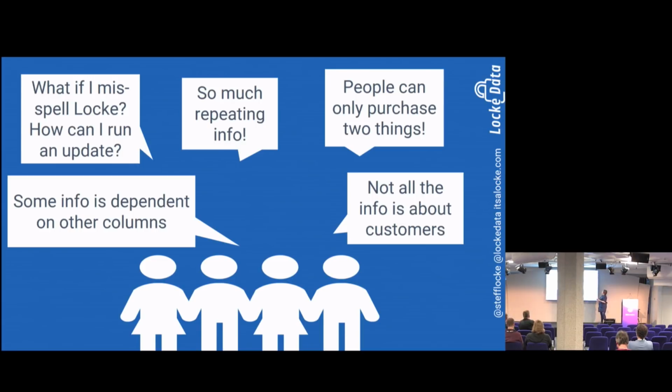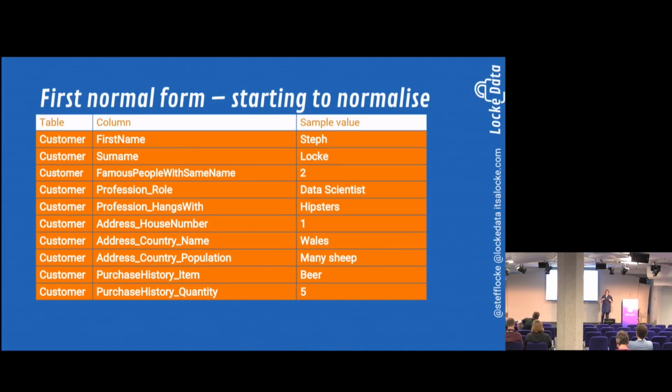So we can start tackling some of the issues. So the first normal form does not contain repeating groups in a row. What that means is instead of purchase history, item 1, item 2, item 3 as columns, instead those should be a row for each purchase. So you don't have any repeating groups going across in your columns.